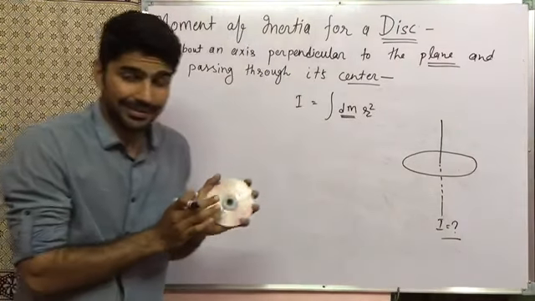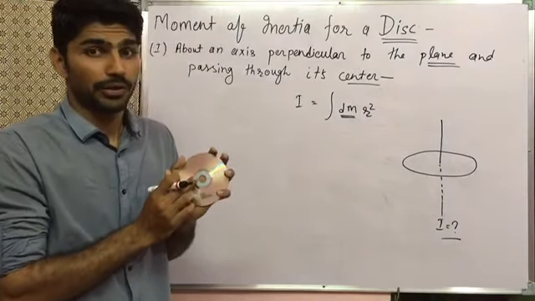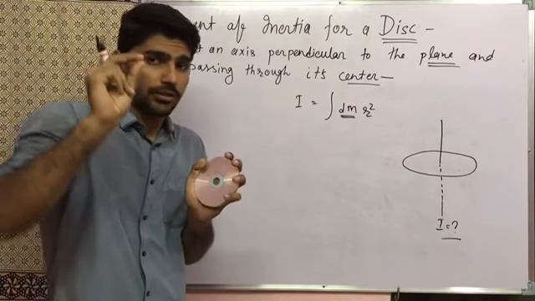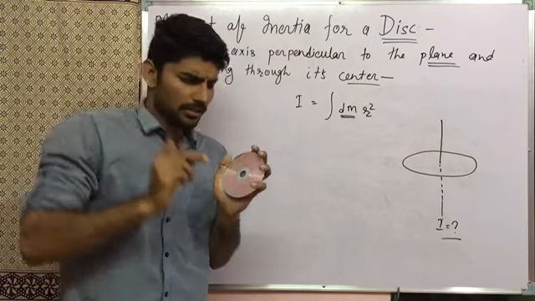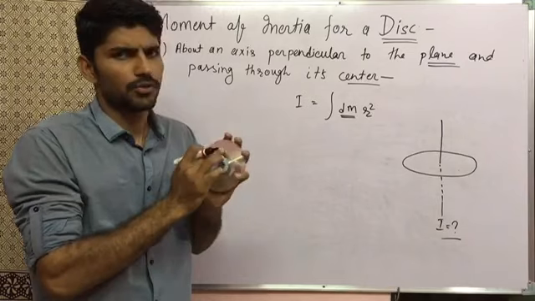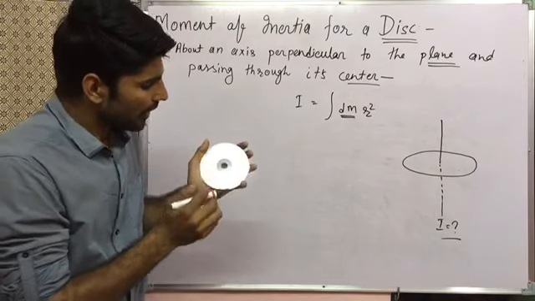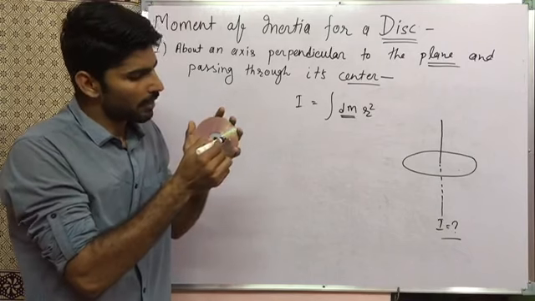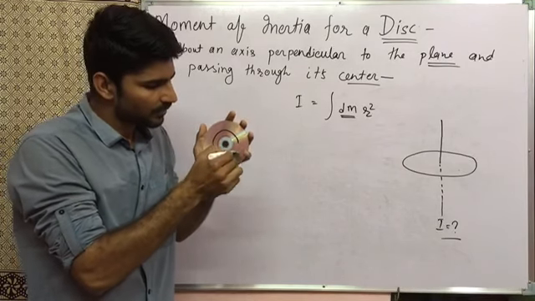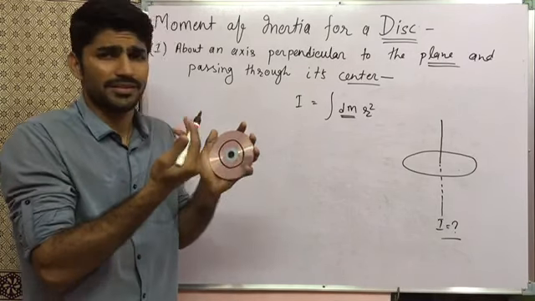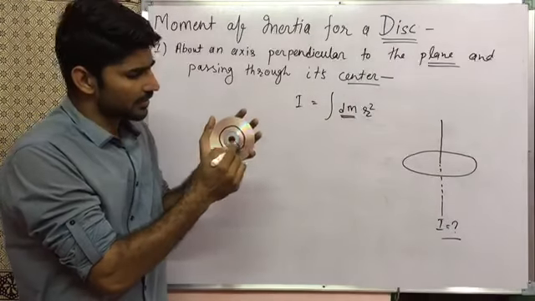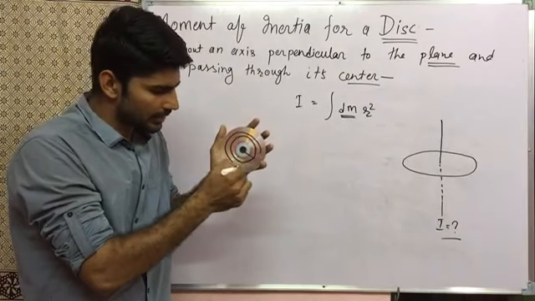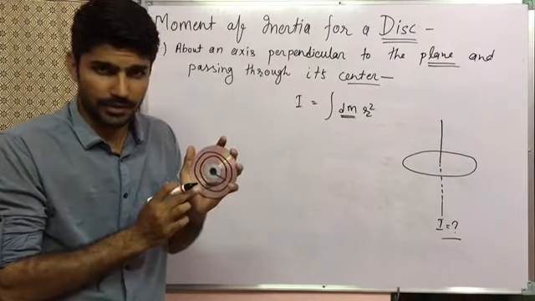For the ring we took a component of small circumference, but in the disk its mass is distributed continuously. So we can assume that this disk is made of different rings of different radius.